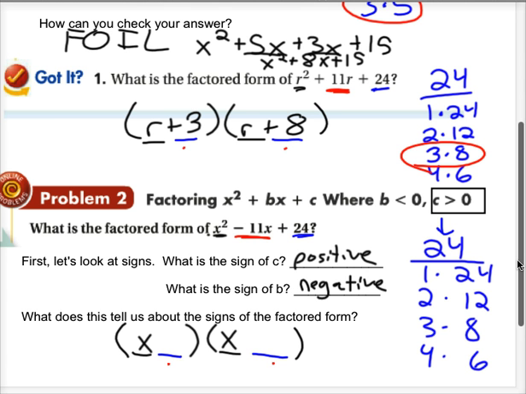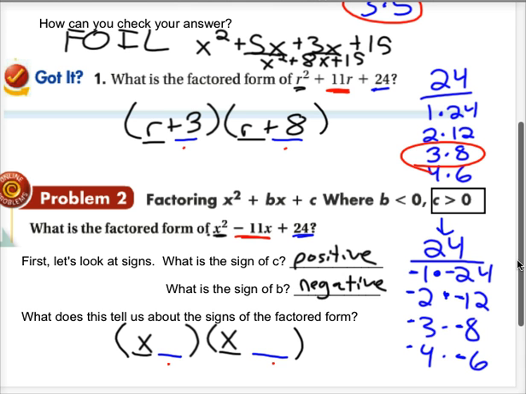Now, when multiplying though, we're looking for things that multiply to give us positive 24. And I've listed all positive numbers. However, there is another way, all right? So I want you to remember two negative numbers can also multiply and be positive.